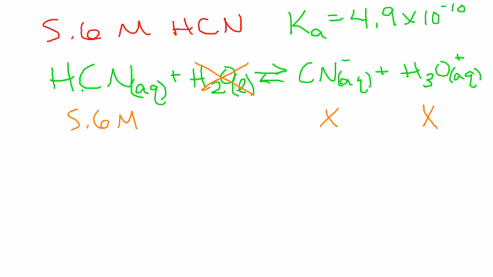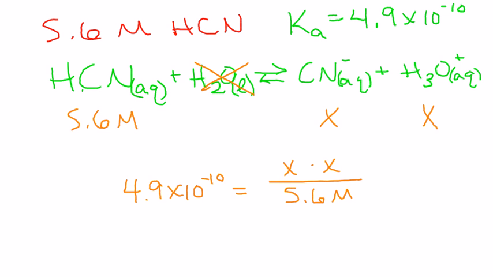Now we can start to plug some stuff in. We know that our Ka is 4.9 times 10 to the negative 10th. We know that the concentration of our reactants on the bottom is 5.6 molar. And we know that the concentration of our products is X and X, or X squared.